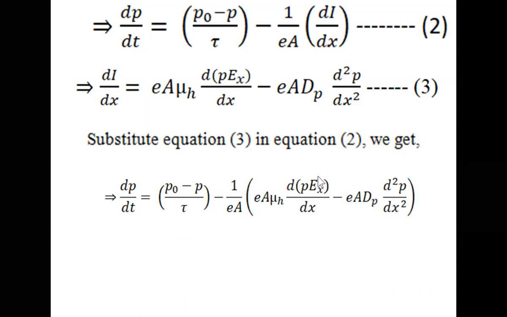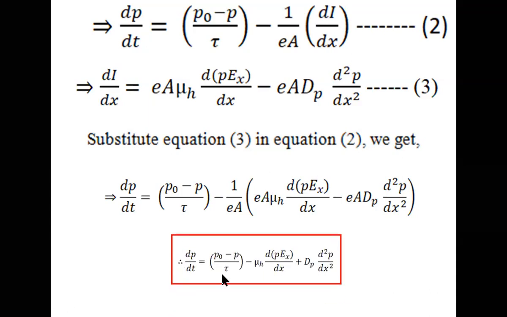If you rearrange this equation, you will get dP by dt is equal to P0 minus P by tau minus mu H into d Pex by dx plus dP into d2P by dx square. I just multiplied the 1 by EA into the bracket terms. Then we got this final expression.